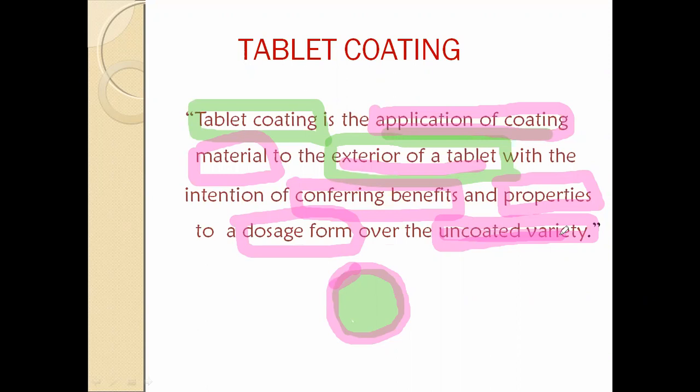So it's a very simple thing to understand. Tablet coating is a process in which we apply a coating material to the exterior of a tablet with an intention of conferring benefits and properties to a dosage form over the uncoated variety.